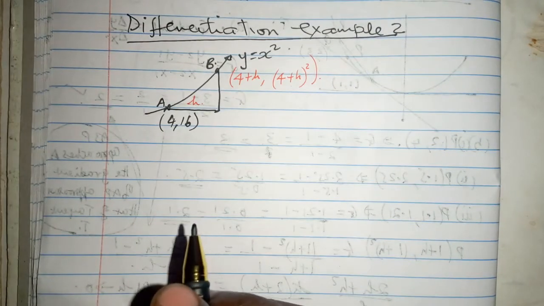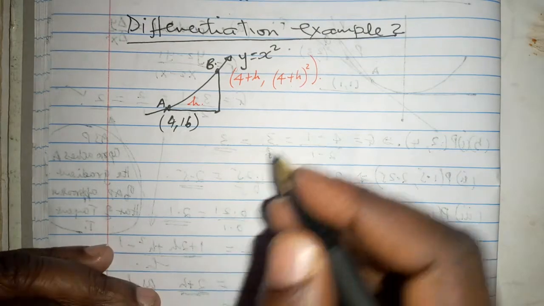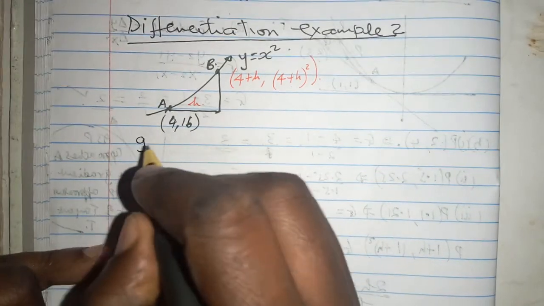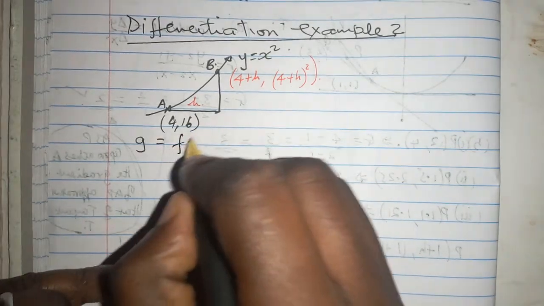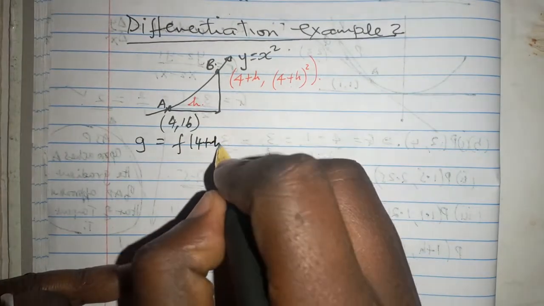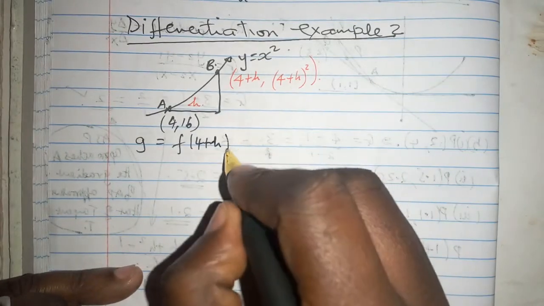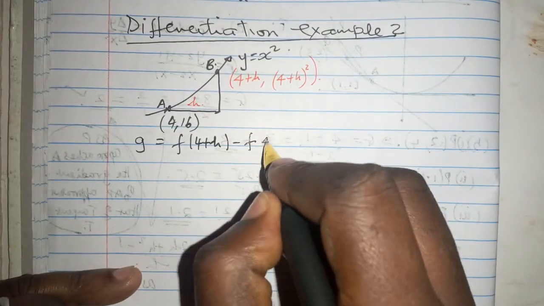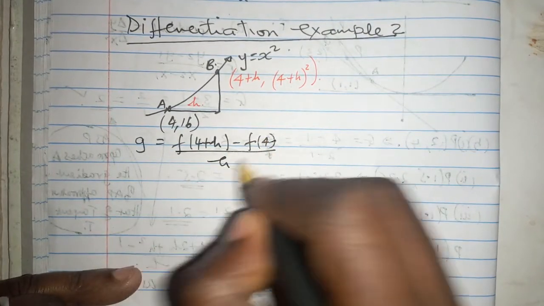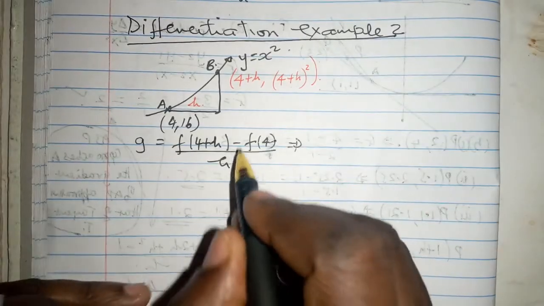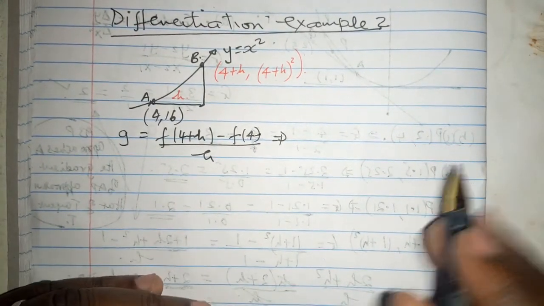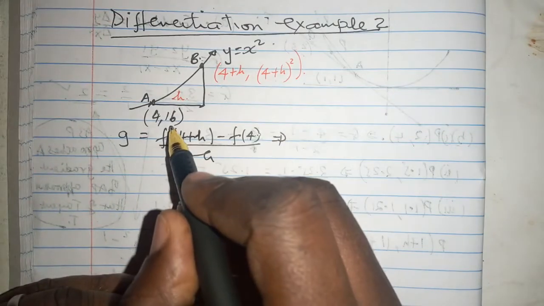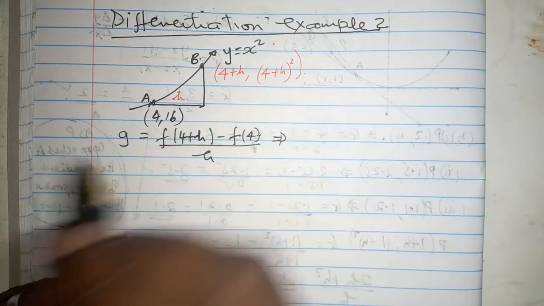When we need to understand something, we can talk about the gradient being the function of 4 plus h minus the function of 4, all over h. And this one might be a bit confusing, so I want us to talk about change in y over change in x.